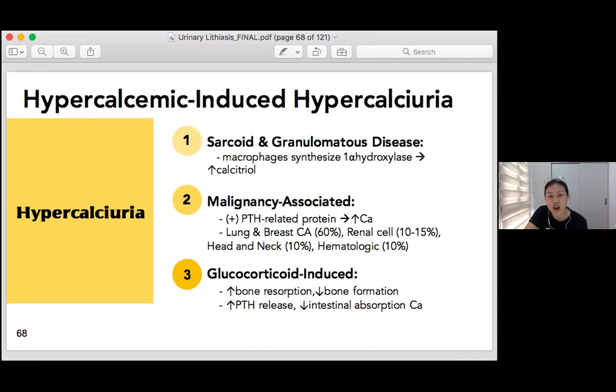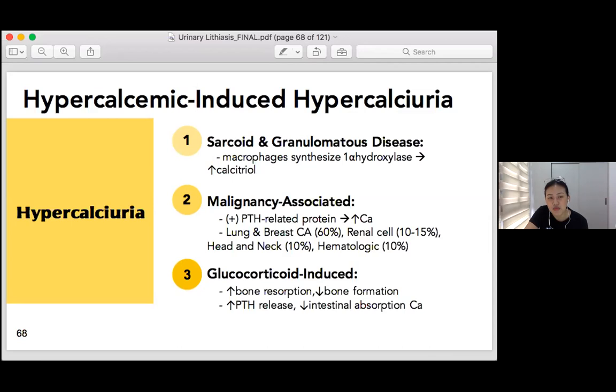Tumors would produce a PTH-related protein which acts like PTH and therefore similarly would increase renal calcium absorption. The most common malignancies to present with this are lung and breast cancers, followed by renal cell, head and neck, and hematologic malignancies.